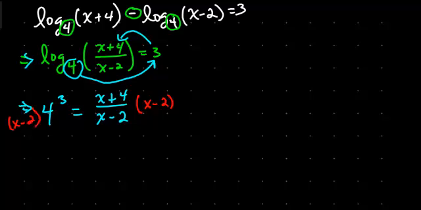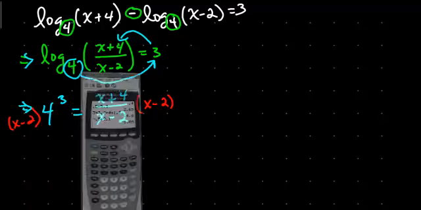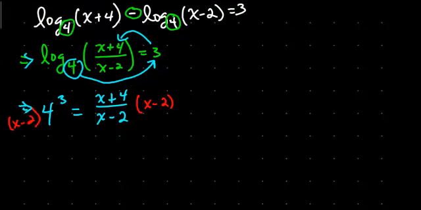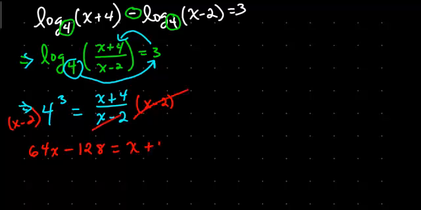So what is 4 cubed? 4 times 4 is 16, times 4 is 64. So 4 cubed is 64. That's going to be 64x minus 64 times 2, which is 128, equals, and over here those two cancel, leaving x plus 4.